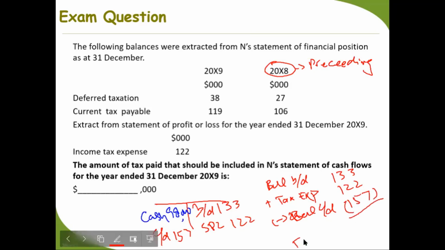So this is tax paid, which is equal to 98. So it is 98,000.